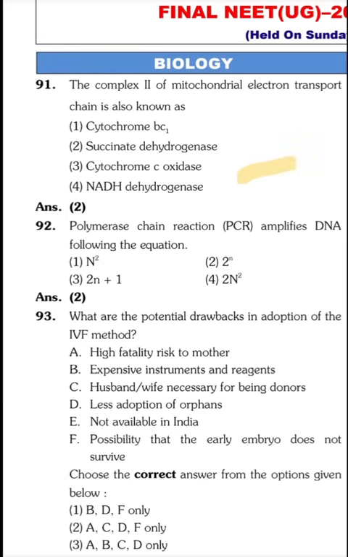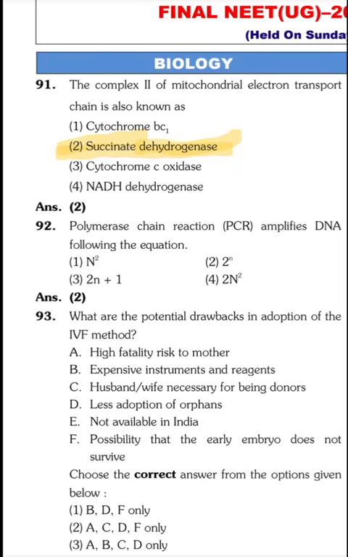So let me begin with the first question. The complex 2 of mitochondrial electron transport chain is also known as succinate dehydrogenase. I have told all my students that in regular class it could be a match the following, they can ask it.